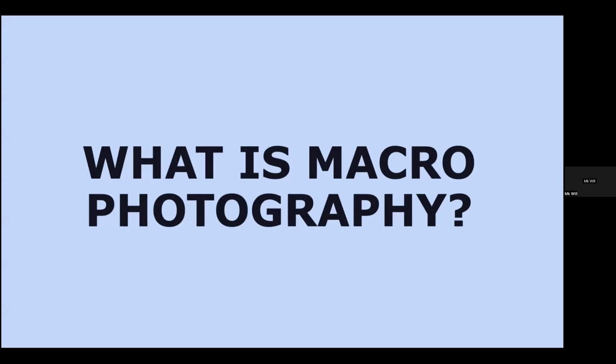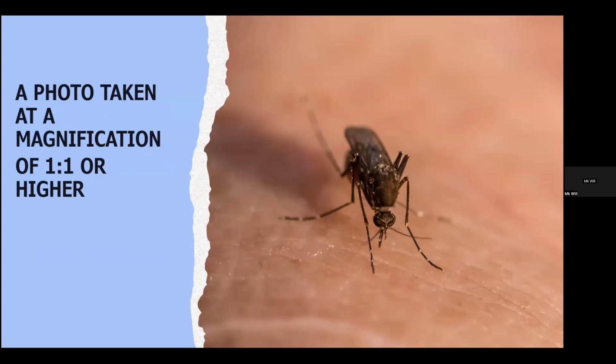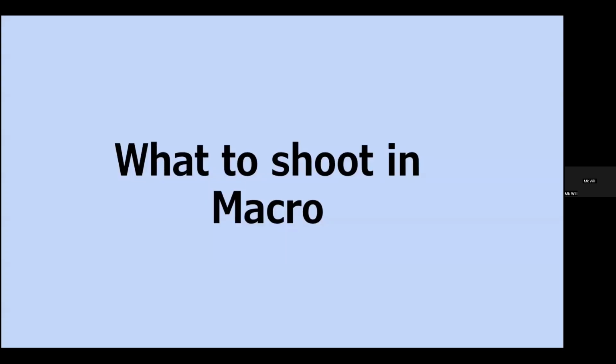The proper definition is a photo taken at a magnification of 1:1. That's real life size. This is a 1:1 macro shot. So you get an idea, but I'm going to show you some other ones.